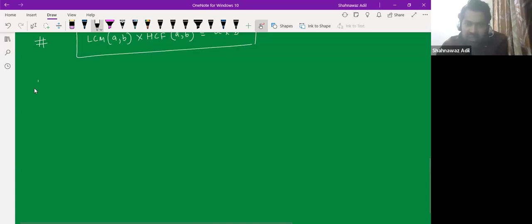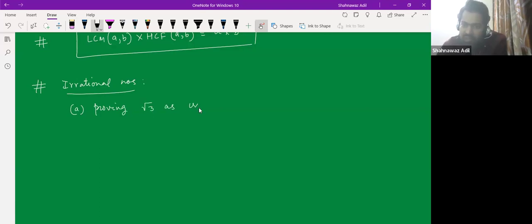And the last thing that we did in this chapter was irrational numbers. In this part, we understood proving, let's say, root 3 as an irrational number. Right, this is the thing that we did. And how did we do that?